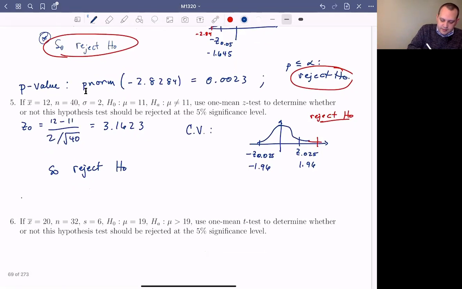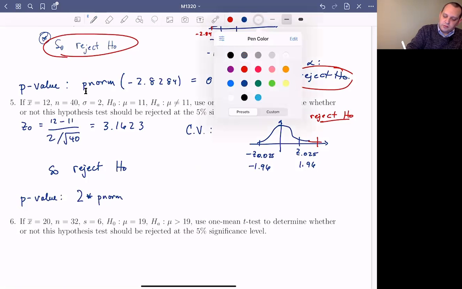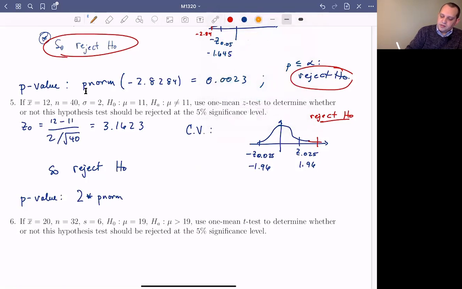The idea here is you could compute the p-value, and in our case it's going to be 2 times p norm. Let me tell you what we're computing first. Here's our test statistic, z naught. We're going to take the area to the right of z naught, and the area to the left of minus z naught, and add those up.